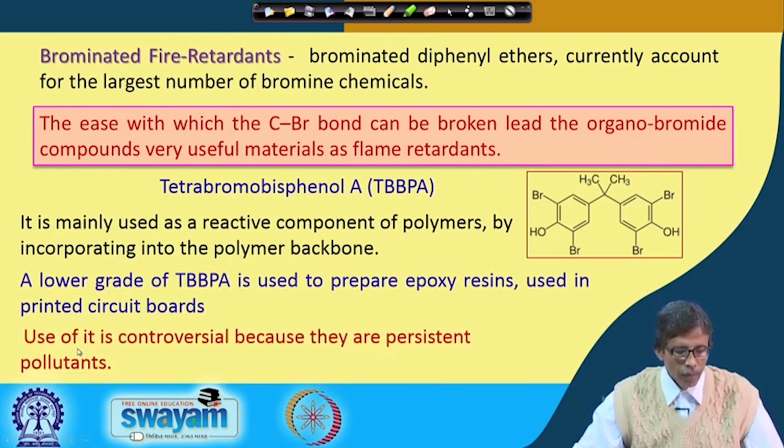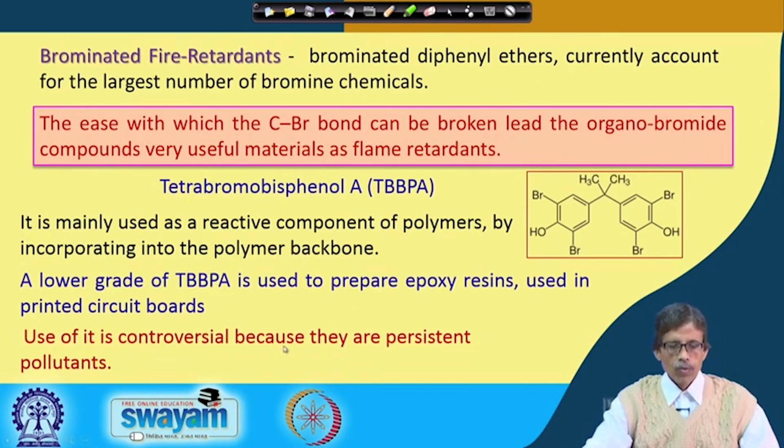But it is controversial because these are persistent pollutants. Not only the bisphenol A compound, we always try to restrict our use of this polymeric compound, because it will not be destroyed in the environment; it will remain in the environment for many years.